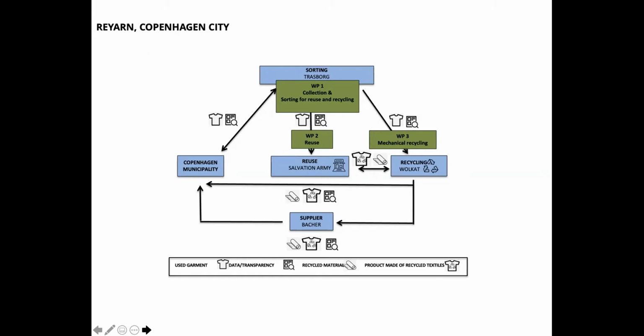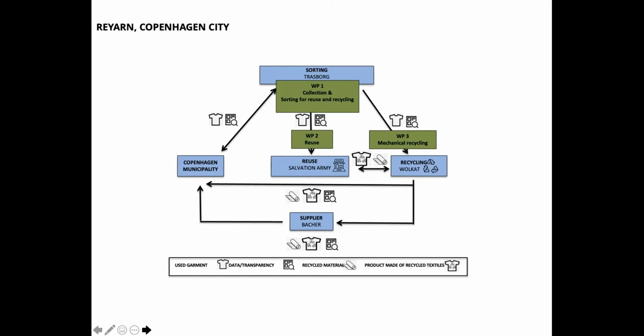And what RIAN tries is, first, products are collected in Copenhagen city local recycling centers from the bins where consumers can bring them, like they bring bottles and other waste materials. Then these are transported to Traspo, a sorting facility.